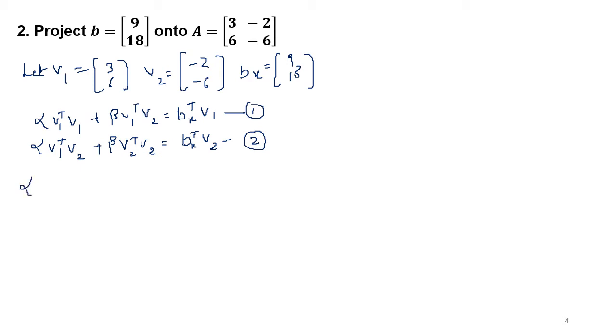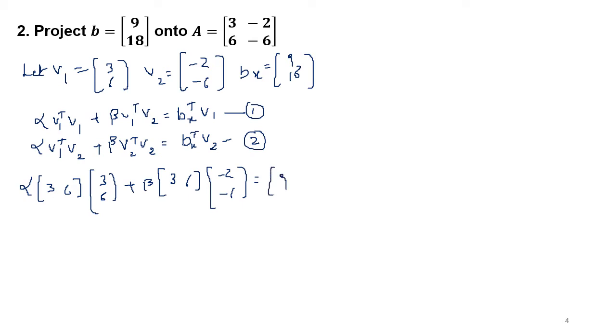For equation 1, alpha into v1 transpose, which is (3, 6), into v1, which is (3, 6), plus beta into v1 transpose (3, 6) into v2, which is (-2, -6), is equal to bx, which is (9, 18), into v1, which is (3, 6). So we'll try to simplify this.